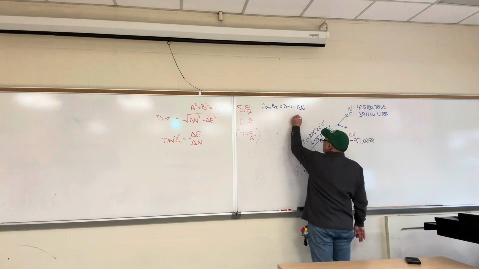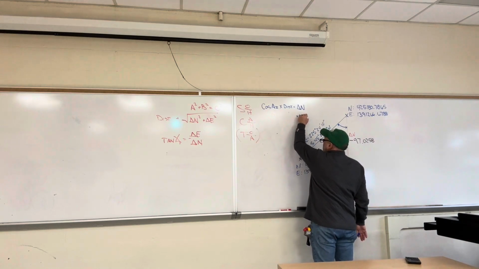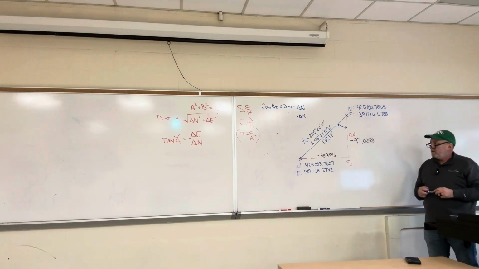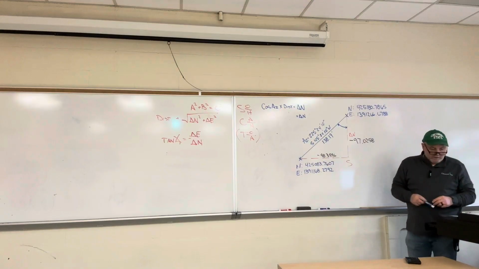So take the cosine of 225, 24, 10 times 138.19. What do you get?